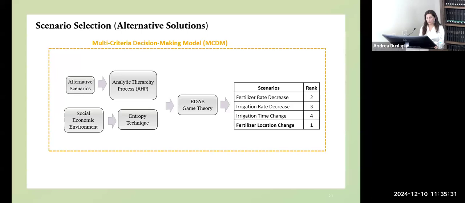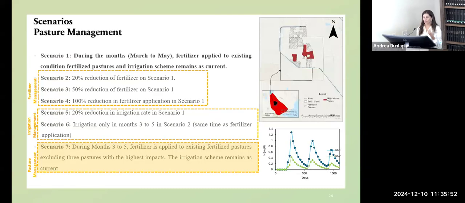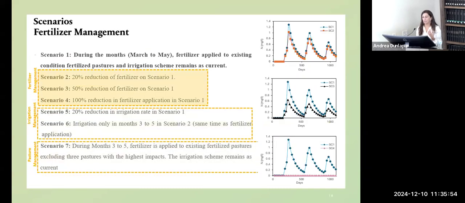The question was, what was the best scenario? Was it 100% reduction or not? The answer is no, that was not the best scenario based on the decision-making model. But I want to explain it a little bit. If you look at the graph, yes, if we remove it, obviously we do not have nitrate in the system anymore.